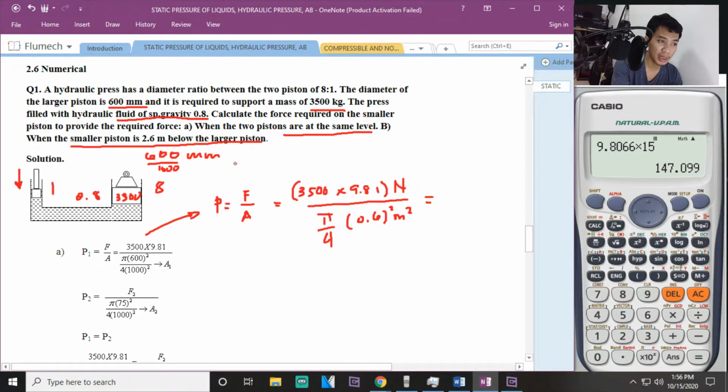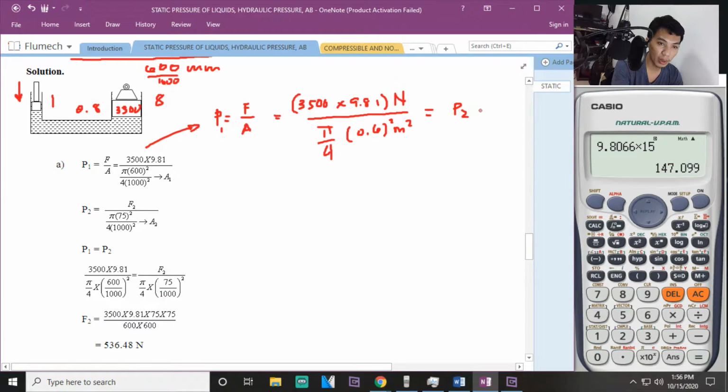Ang condition dyan sa A, when two pistons are at the same level. Ibig sabihin, P1 is equal to P2. Calculate the required force. Hindi natin alam. Okay. So, itong P2 is equal to force nito over area nito.